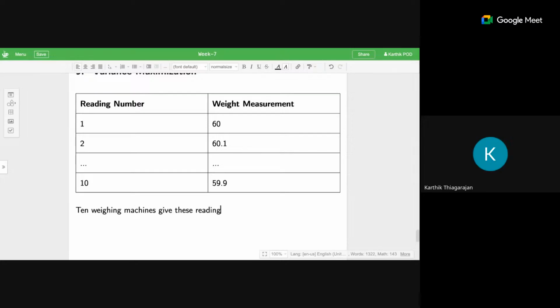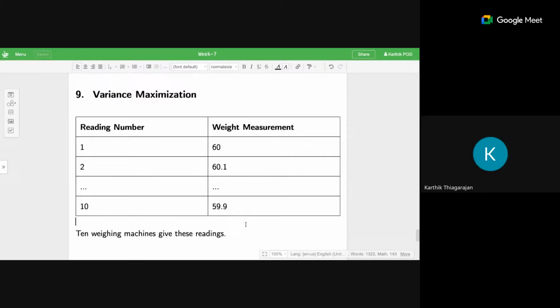Now the weight, strictly speaking, can vary, but it won't vary drastically in a single day, or across a few days, assuming you take the readings at a fixed time, say before breakfast every day.